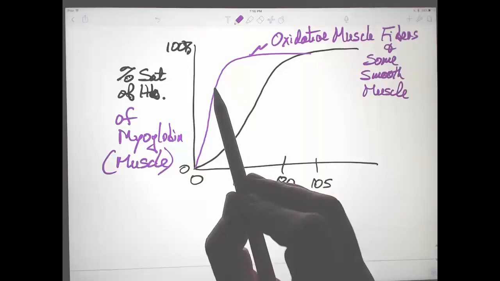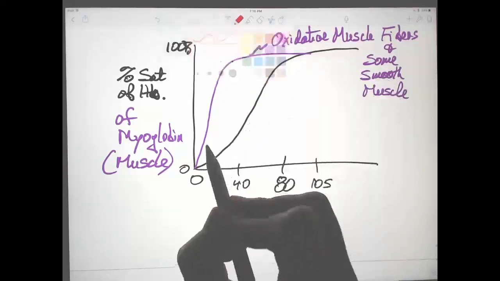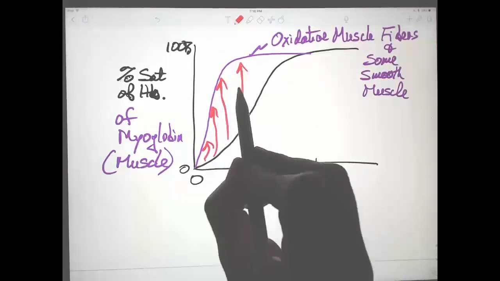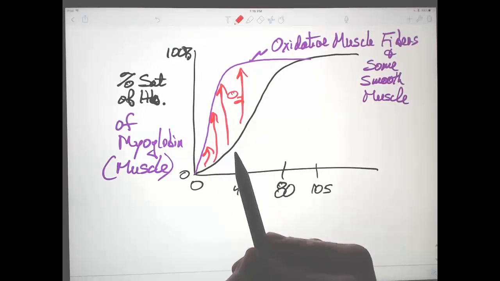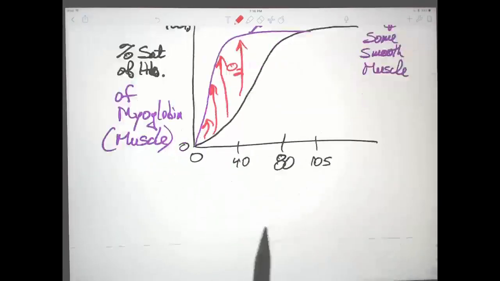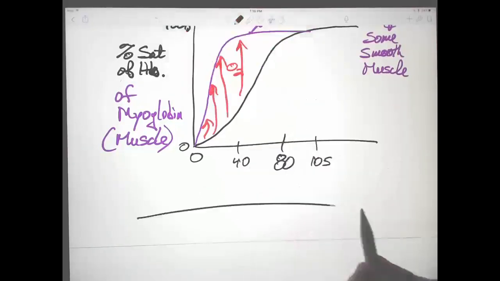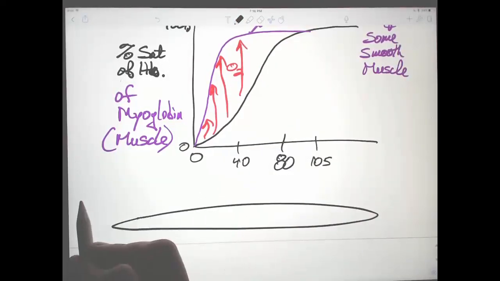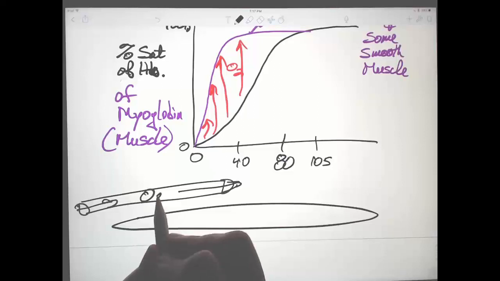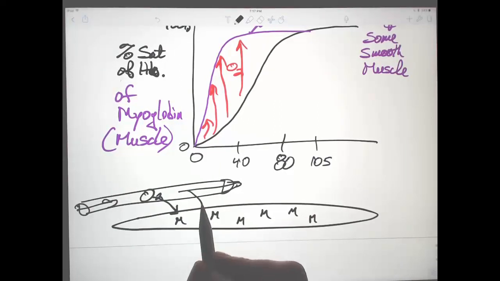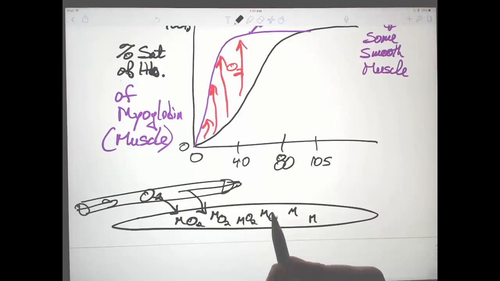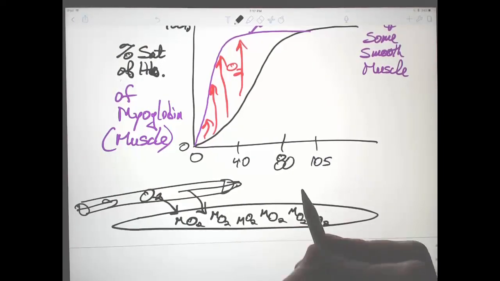If myoglobin is partially depleted, it'll actually pick up oxygen. Oxygen will be transferred from the blood to the myoglobin to maintain this oxygen store in myoglobin. What myoglobin is being used for in a muscle fiber is both to create a high concentration gradient to move oxygen into that muscle and as a brief oxygen store.